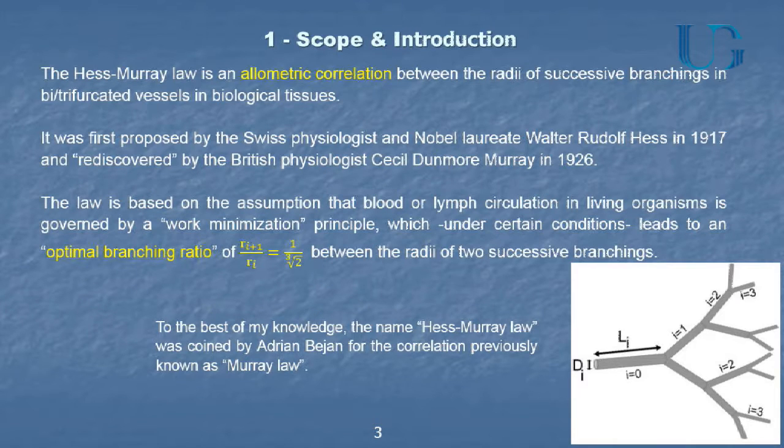So the Hess-Murray law is an allometric law. We know from yesterday's lecture workshop what is an allometric law. It is a relationship between two different quantities, two different parameters in a structure.